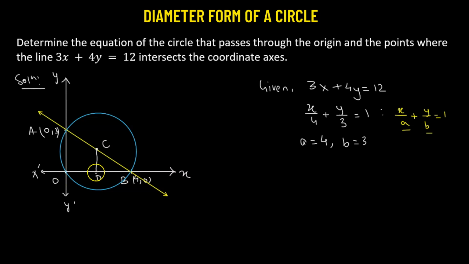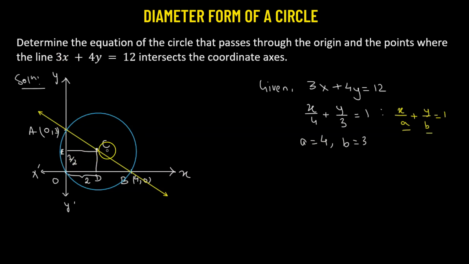Now since OD is equal to DB and OB length is 4 units, the length of OD is going to be equal to 2 units. Fine. Similarly, we can drop a perpendicular from C onto the chord AO and call the foot E. So CE is perpendicular to AO. Since the length of OA, the y-intercept, is 3 units, the length of OE is going to be 3 over 2.